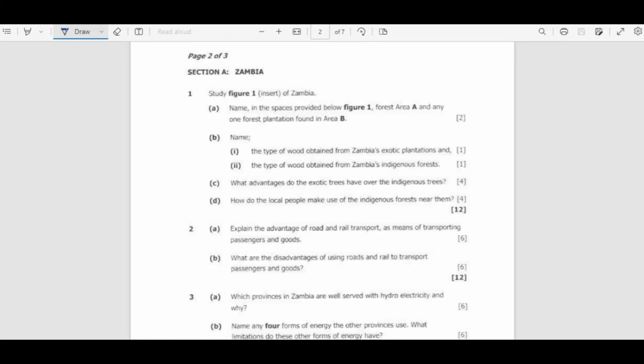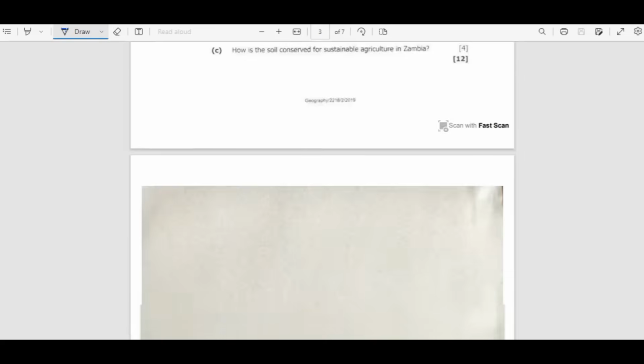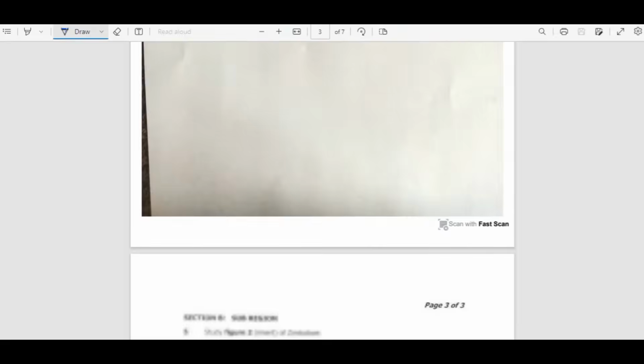Now you look at the first question, which is study figure 1 inset of Zambia. So meaning that there is a map which is inserted in the question paper. So we can look at the map which we've been asked to look at.